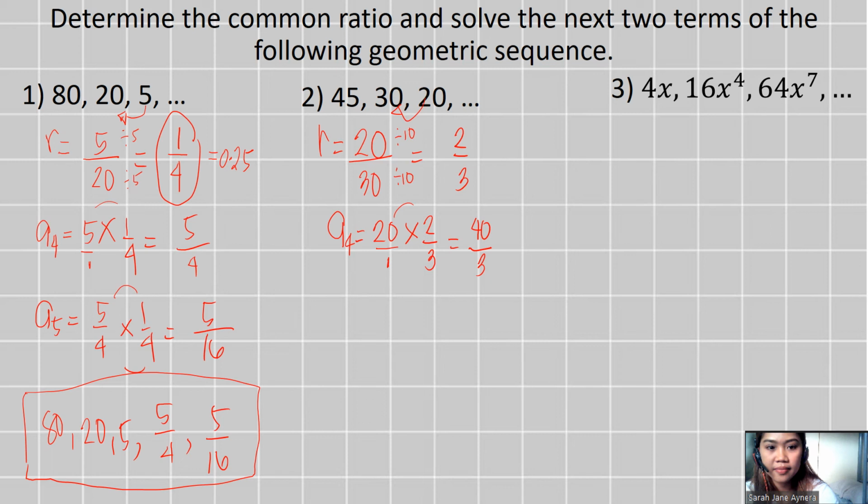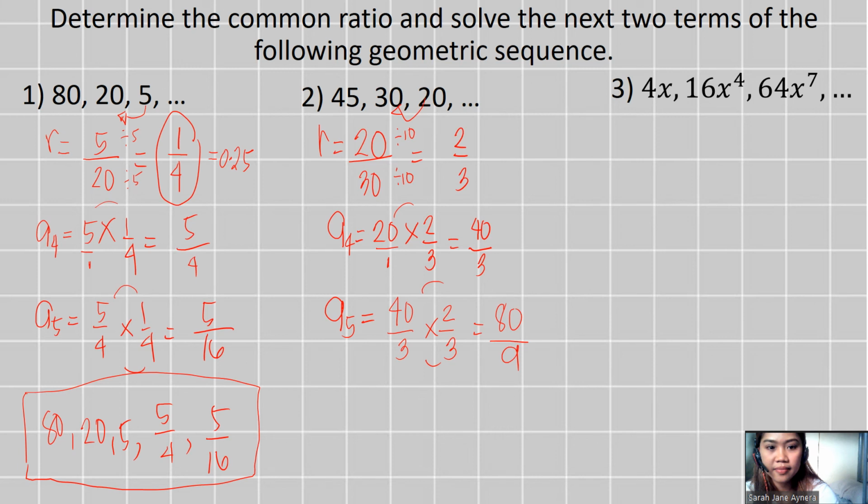40 over 3 na. So, the next term, the fifth term, is the preceding term times 2/3, which is equal to numerator times numerator. This is equal to 80. 40 times 2 is 80. Denominator times denominator. 3 times 3 is equal to 9. So, this is now the fifth term.